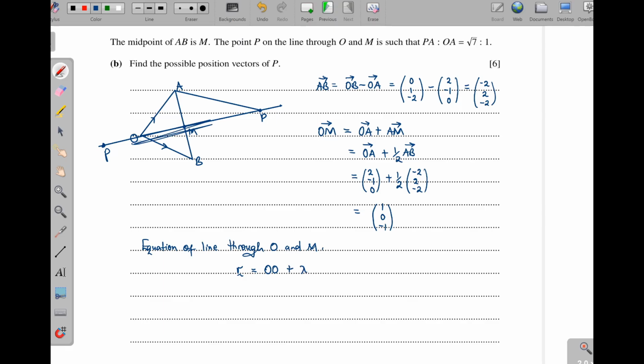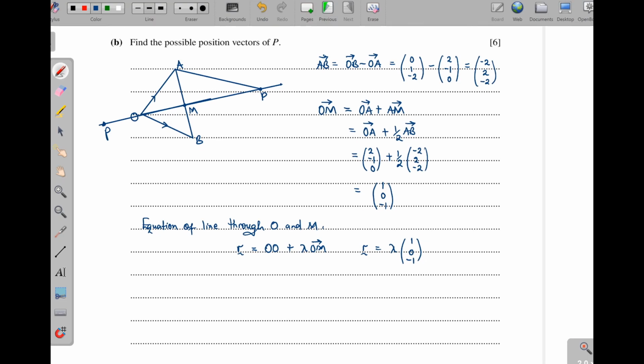The direction vector is of course going to be OM. So we shall have r is equal to 0, 0, 0, which you don't need to write, okay? So then plus lambda, and then the OM, which is here, 1, 0, -1. Are we there?